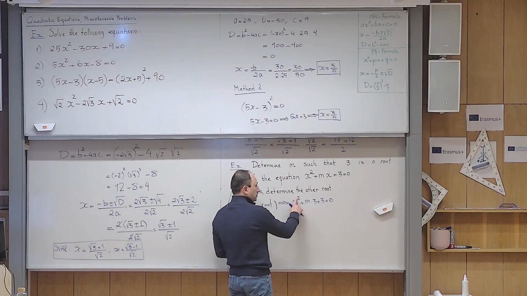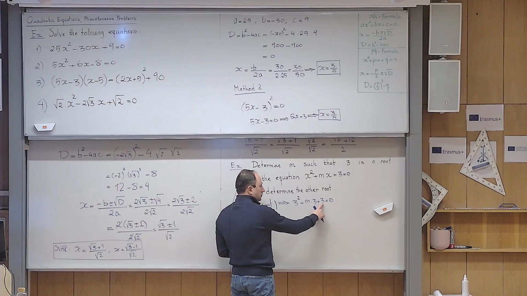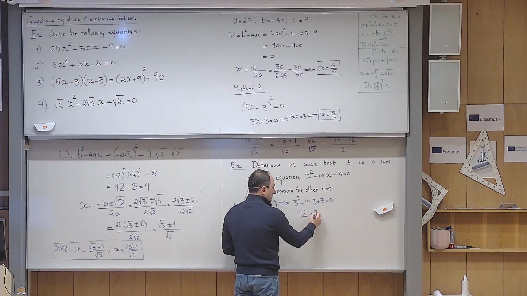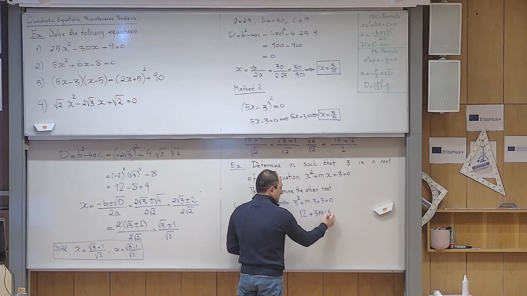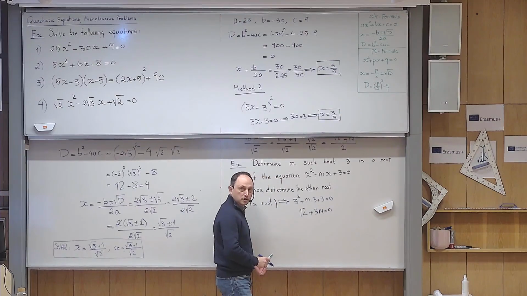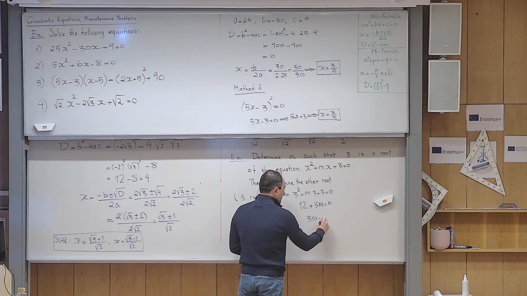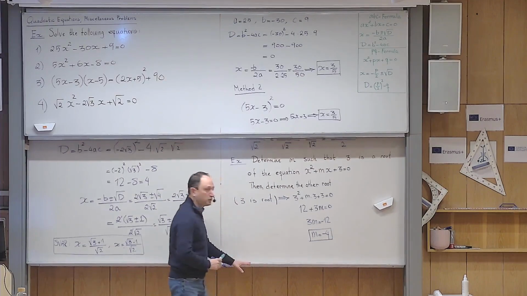How? This is 9. This is 3, it becomes 12. This is 3m equals 0. Yes? And then I move 12 to the other side. It becomes minus 12. m becomes what? Minus 4. This is what I expect you to write as the answer to the first part of the problem.